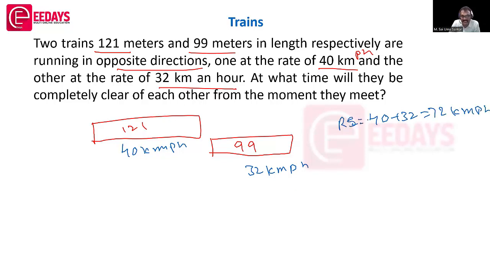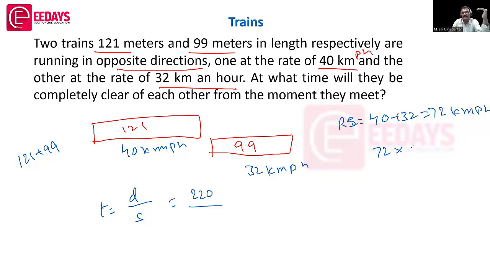Now here we need time, so time is distance by speed. What is the distance? 121 plus 99, that is equal to 220. What is the speed? 72 kilometers per hour. This 220 is in meters, so we convert this 72 into meters per second.